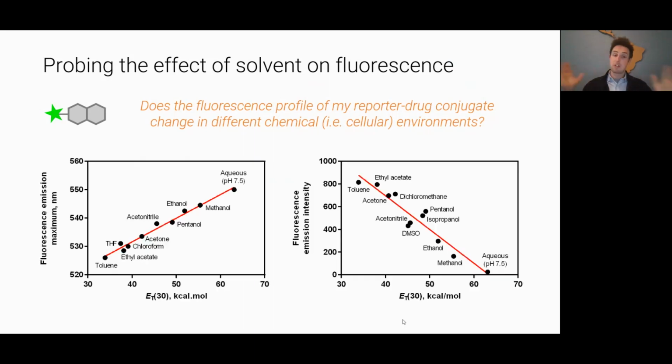So if you're asking the question, how does the fluorescence profile of my compound change in different environments? You can then look at a whole bunch of different solvents and look at the fluorescence maximum or the fluorescence intensity in those solvents. And then you can extend this to a biological situation and say, well, if I know that, let's say, membranous compartments, lipids in my cell, have polarity values that are about the same as these solvents, then in the cellular system, I can look for a fluorescence wavelength or a fluorescence intensity that corresponds to the kinds of readings I'm getting in these solvents.